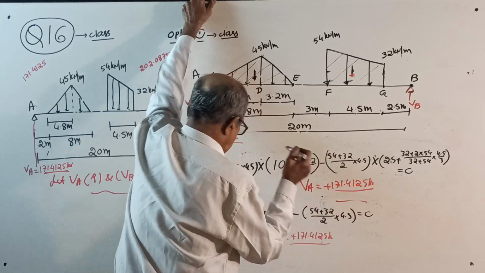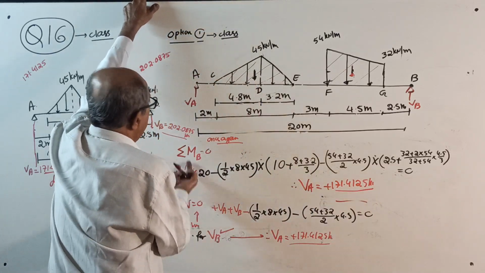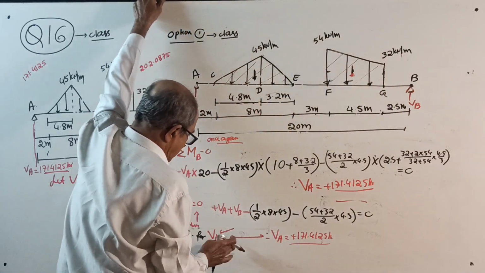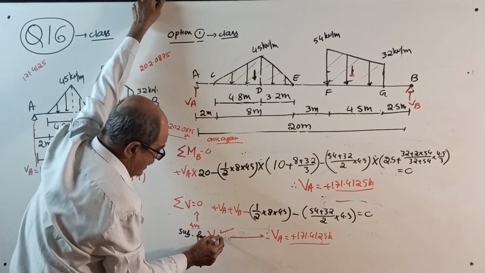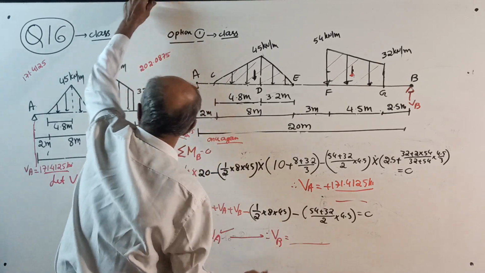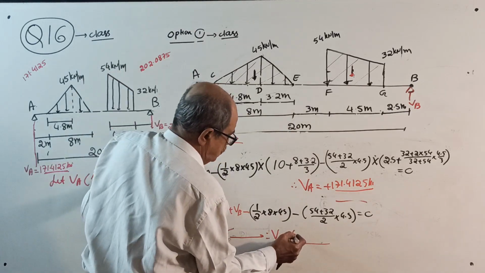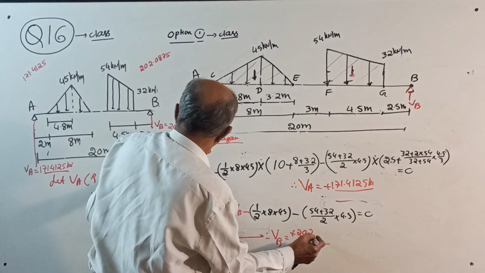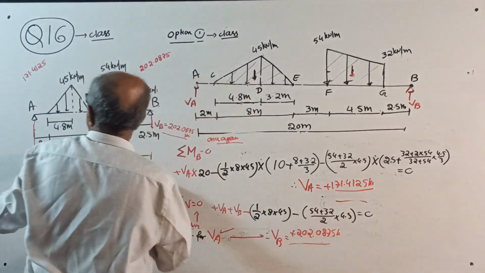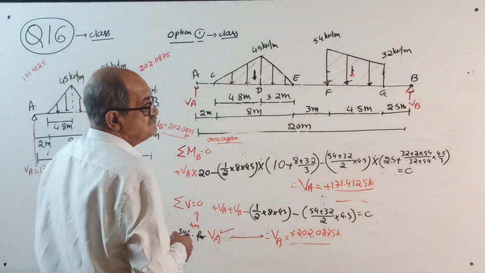VA over. Now, sigma V equal to 0, same thing. VA plus VB minus this load, and substitute the VA value, you will get the VB value now. VB will come 202.0875 kilonewton. Over. See there, same answer as what you got.